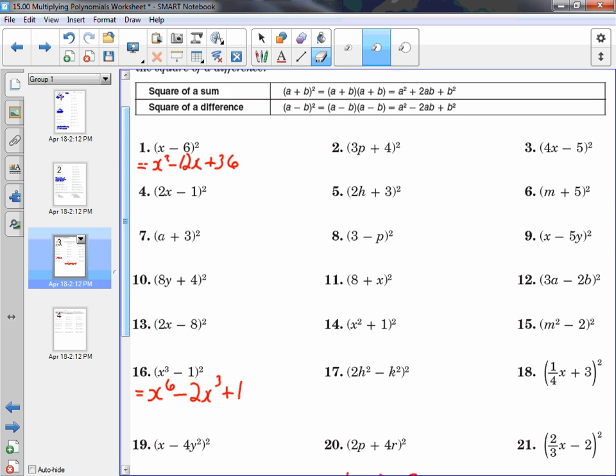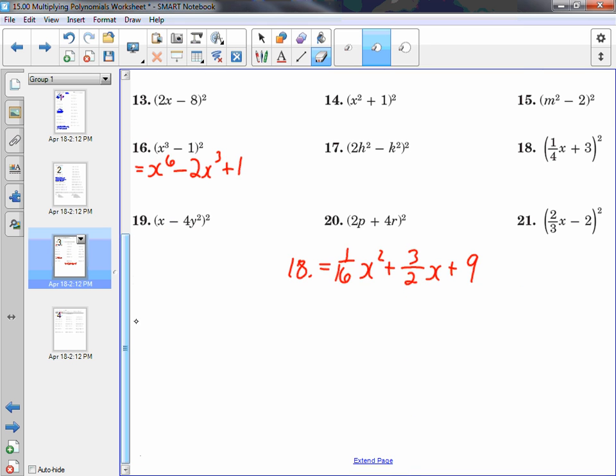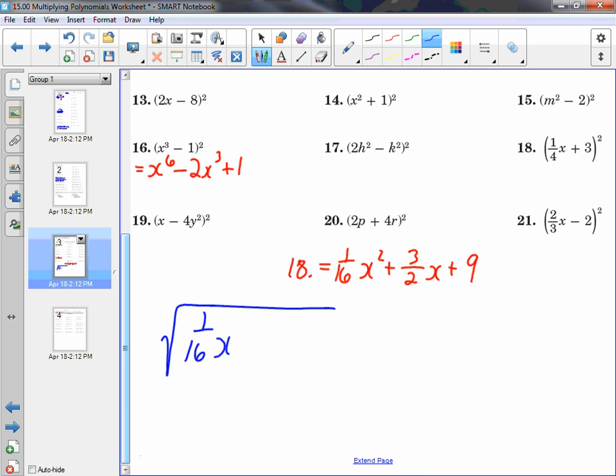These are called perfect squares because they're equal to another polynomial squared. Okay? These things actually have square roots. If we had to find the square root of 1/16 x squared plus 3/2 x plus 9, it would equal 1/4 x plus 3.